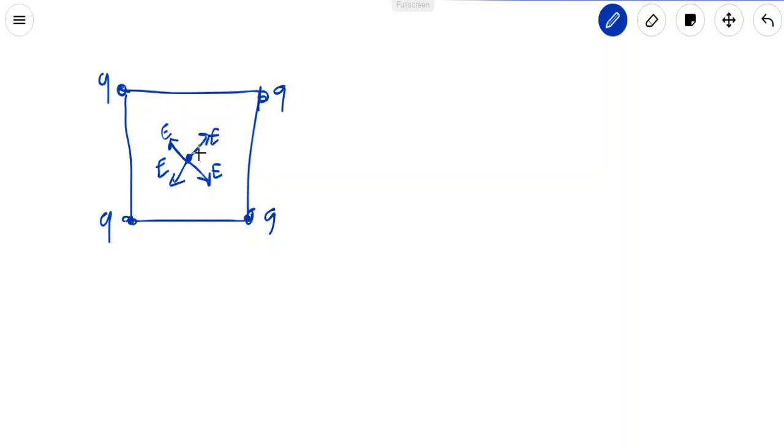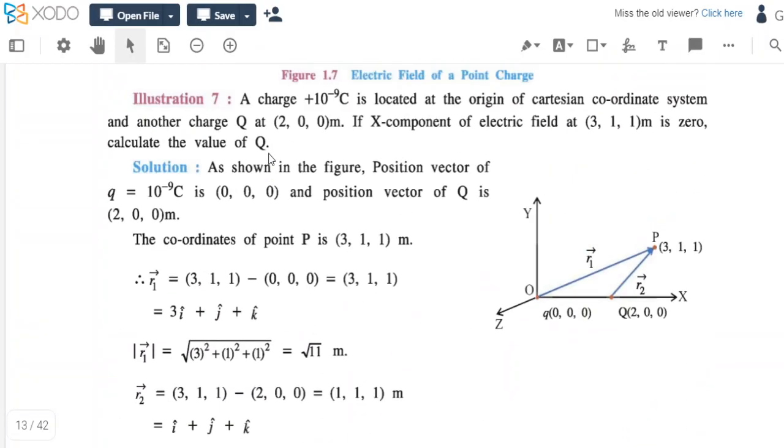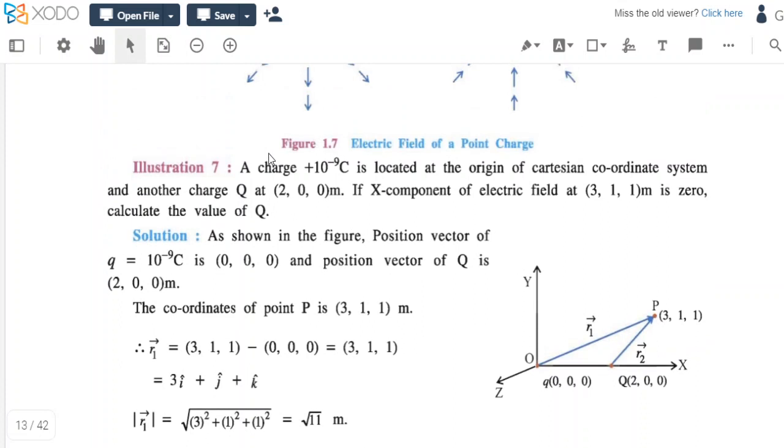You see these are the same electric fields in opposite directions, so this electric field has been nullified or cancelled by the opposite direction. Similarly, this electric field is cancelled by the opposite direction, hence the total electric field in this case is 0. This kind of MCQs we will have to face in future, so we will remember that it is a vector quantity and some measures must be taken into account.